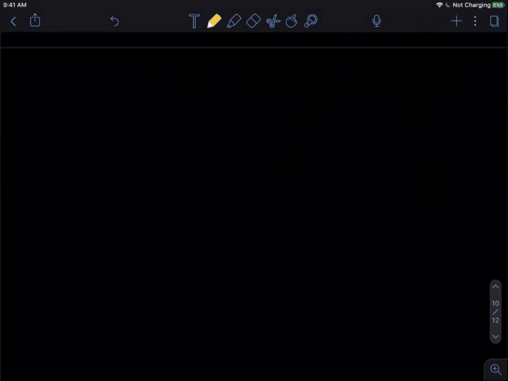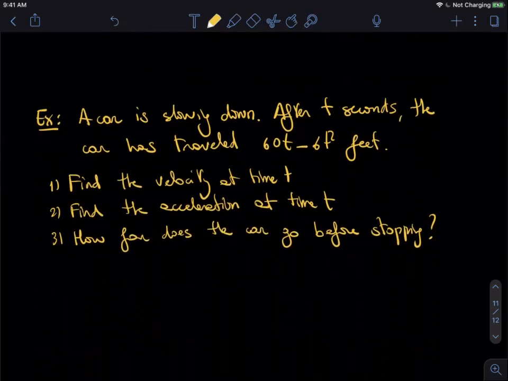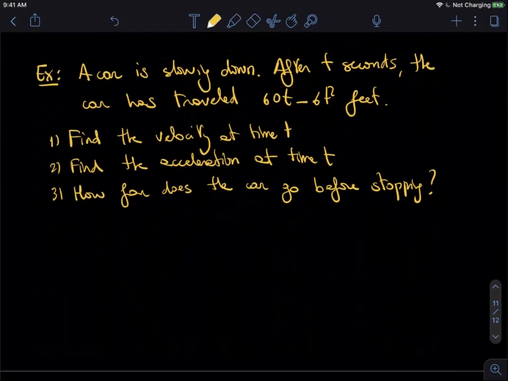The other application I wanted to discuss was how to find instantaneous velocities or accelerations. Okay, we saw already that that's another interpretation of the derivative.